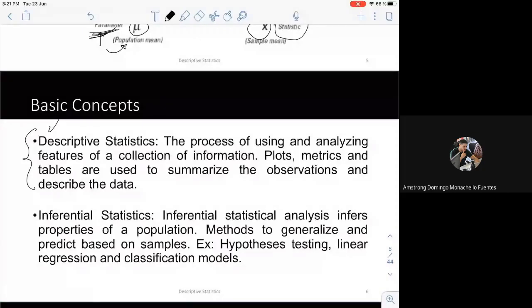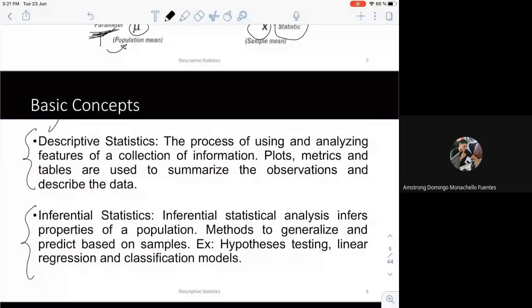Then we talk about inferential statistics. Inferential statistics is very important in engineering. For example, when you are performing quality control in a company, and you want to check whether a raw material or a product has good quality, you need to use inferential statistics.